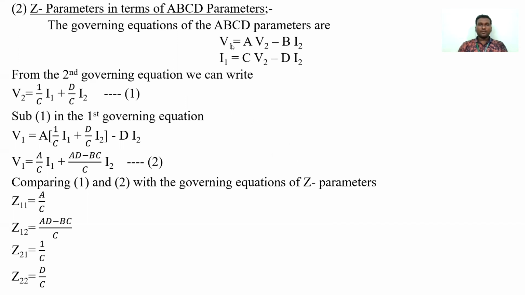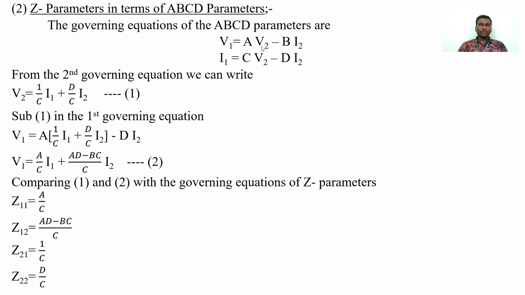Here V1 is equal to is there, and Z11 I1 should be there, but here I1 is not there, whereas I2 is there. So you have to change this in terms of I1. That is why this I1 should come over here.